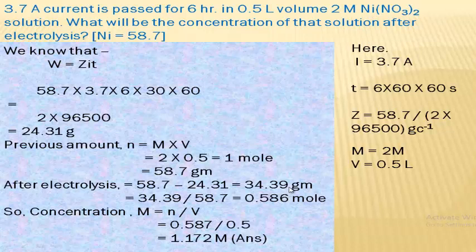So now we can easily calculate the concentration. You have to convert it into mole by dividing by atomic mass. Now concentration is what? Molarity equals mole per volume. So this mole divided by volume 0.5, and now we will get molarity or concentration equal to 1.172 molar.